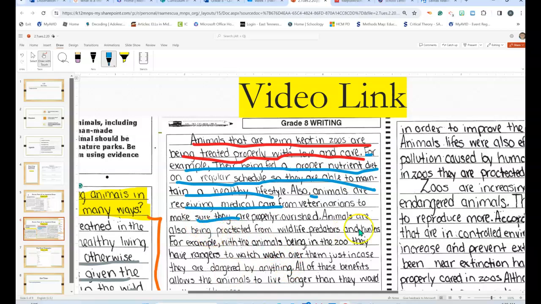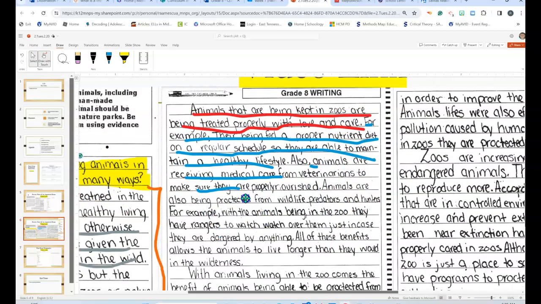Animals are also being, now notice, they jump in right here and they're actually giving another reason. They should have made this a new paragraph, but that's okay, right? Because it's a timed write, so they don't expect perfection. They just expect a strong argument. So here we have another reason.